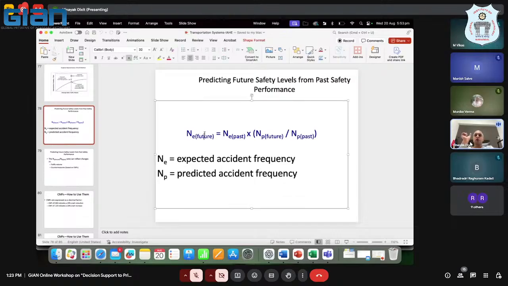I can multiply this number, let's say this is based on fatalities in the future, with the value of statistical life, right? I think IRC also provides some information on the value of statistical life.